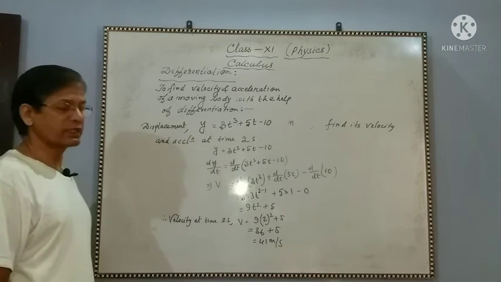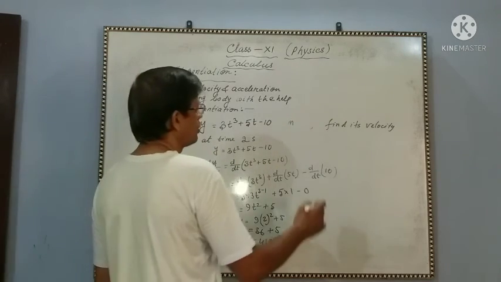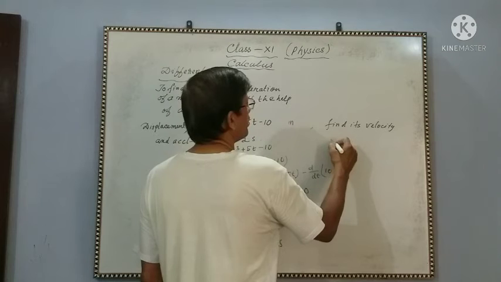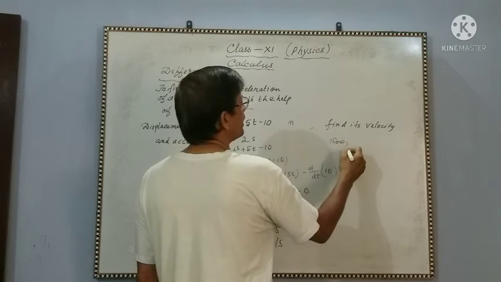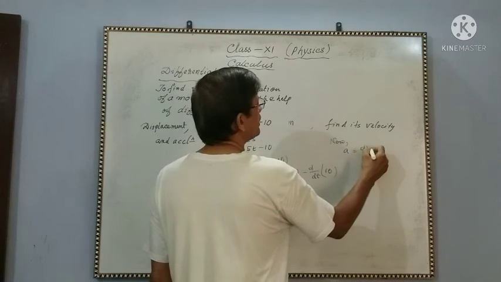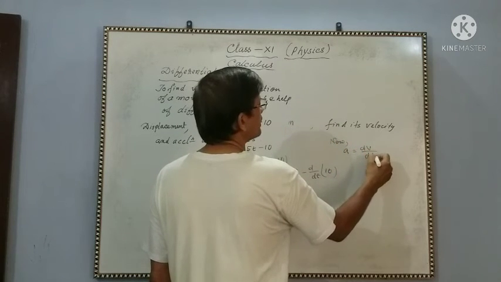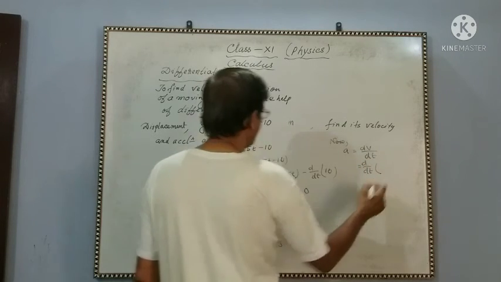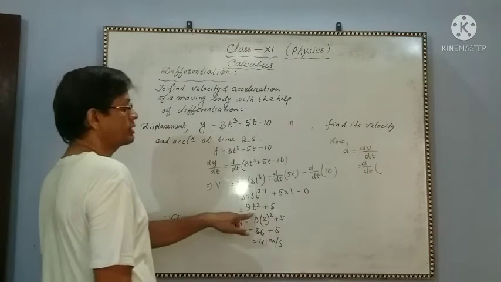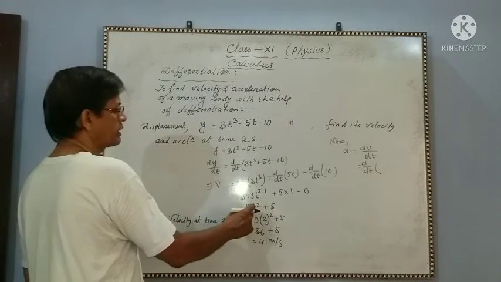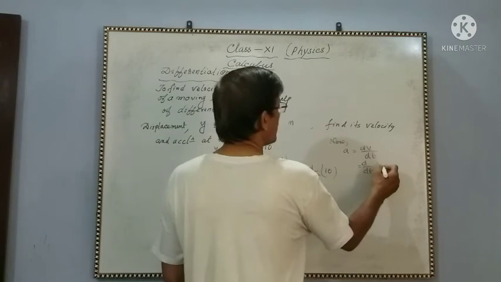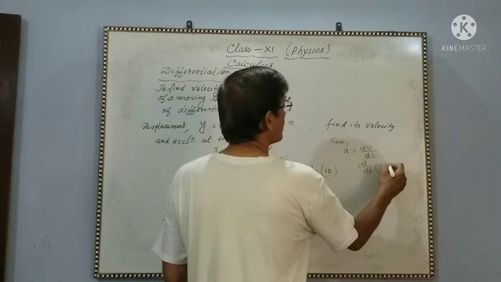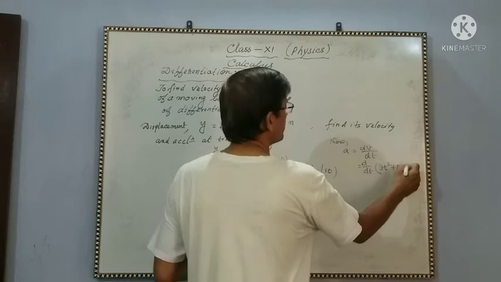Now you have to find acceleration. Now a equal to, formula, dv by dt. So d by dt of v, how much? You have to put this expression, 9t square plus 5.